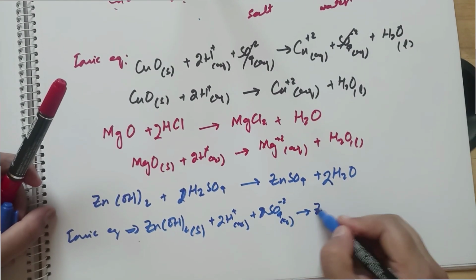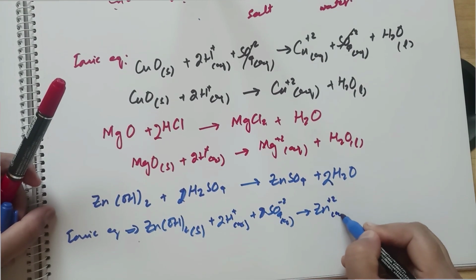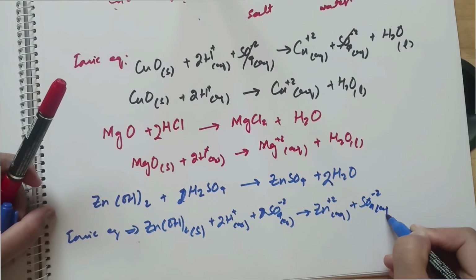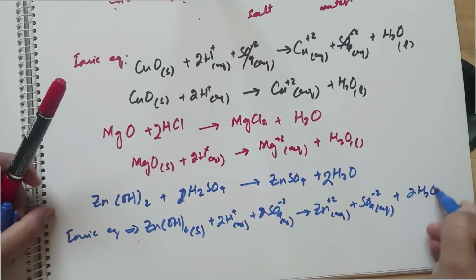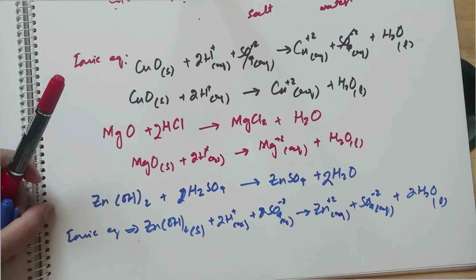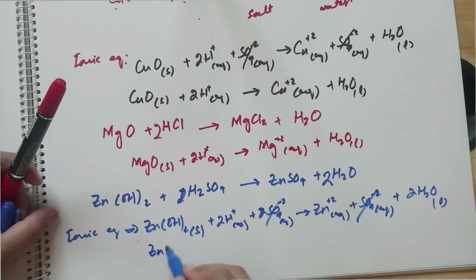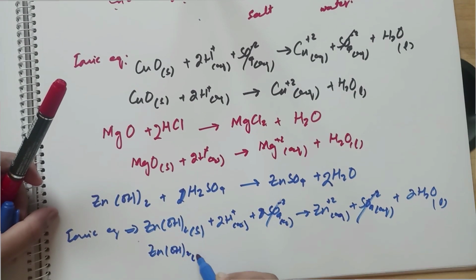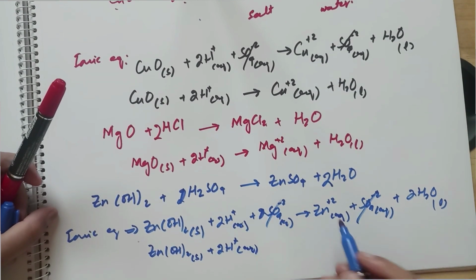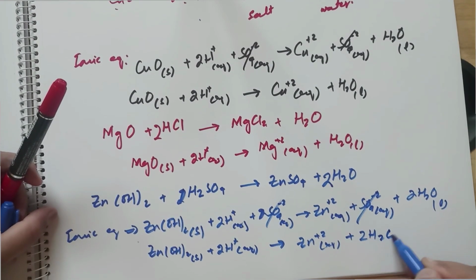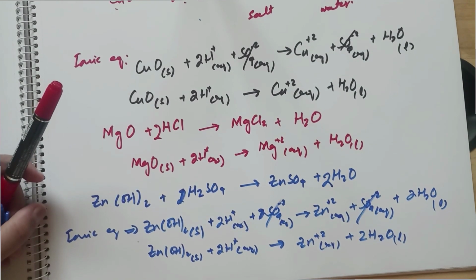Again it is a salt, it will dissociate in water to form zinc ion in aqueous and sulfate ion in aqueous, and again water, it is in a liquid state. To cancel out the same ion, the sulfate ion cancels out with the sulfate ion, and we get the final equation: zinc hydroxide in a solid state and 2 hydrogen ion in an aqueous solution gives us zinc ion in an aqueous solution and water molecule in a liquid form.